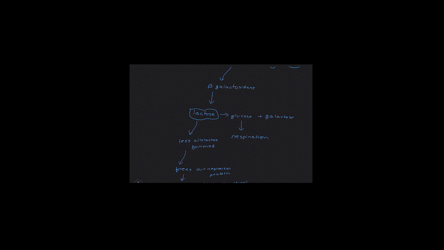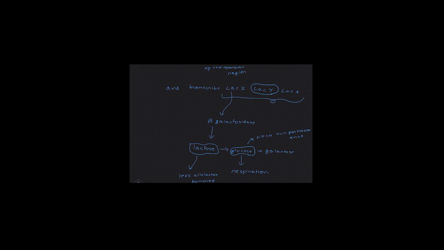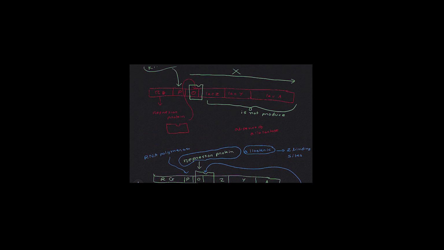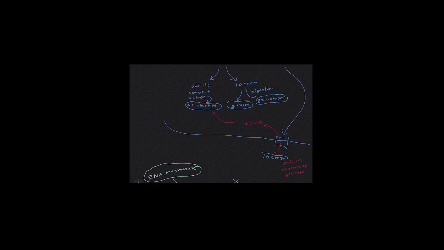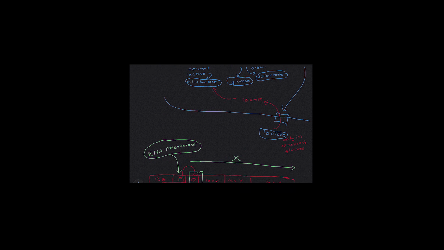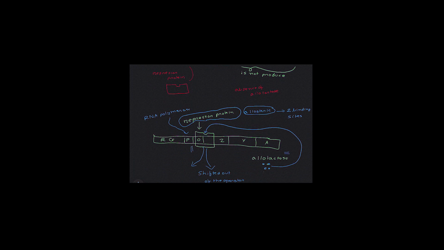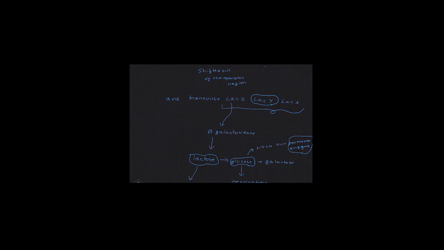Along with this, as we now have glucose present, this will also block our permease enzyme. And if our permease enzyme is blocked, then lactose can no longer enter inside the bacterium. Now this has a significance because in presence of glucose we don't actually need to respire lactose anymore.